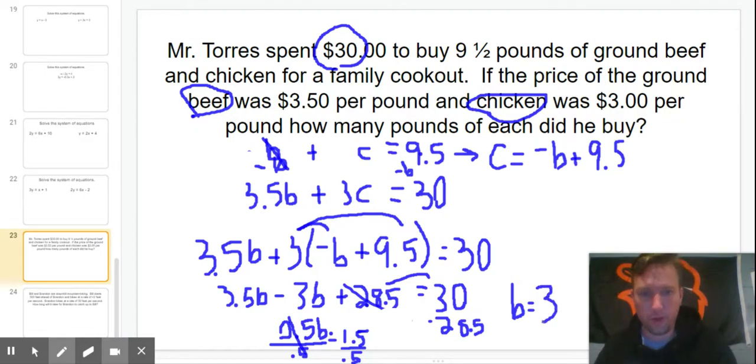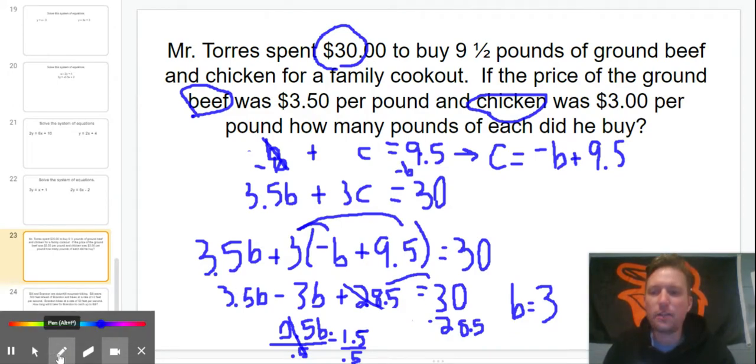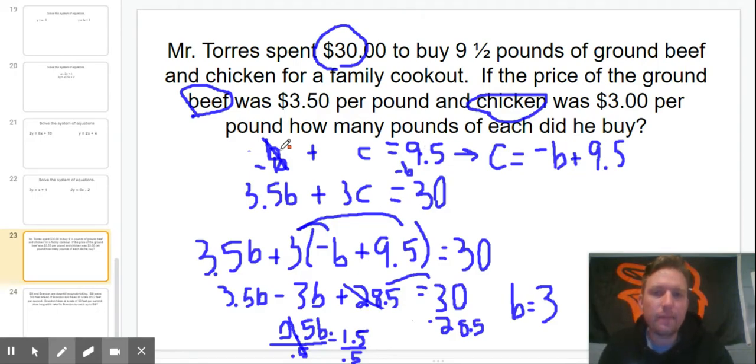Now, pretty busy, a lot of steps, but I think if we take it step by step, we can do this. Okay? Now, what we're going to do is take this value of 3, and I'm going to change my color so I don't get it too confusing, back up to here, where b plus c equaled 9.5. So if b is 3, plus c, we still don't know the value of c, but we know that 3 plus c equals 9.5.